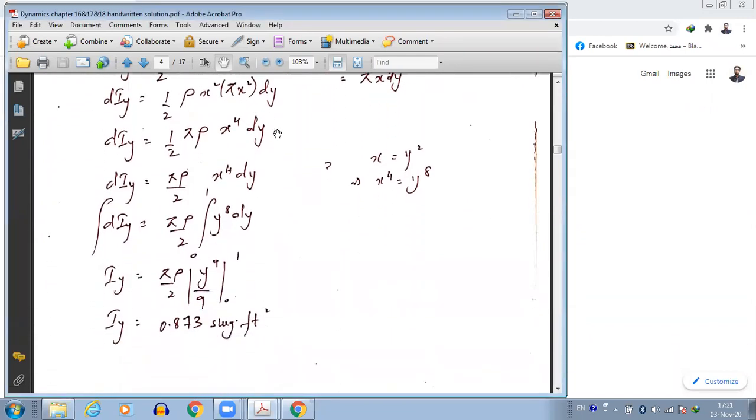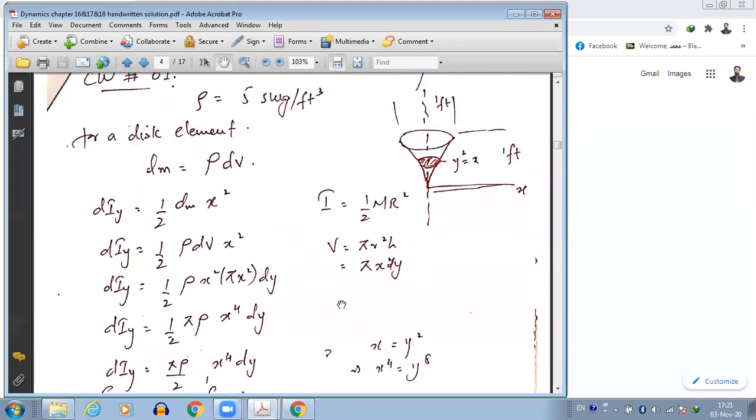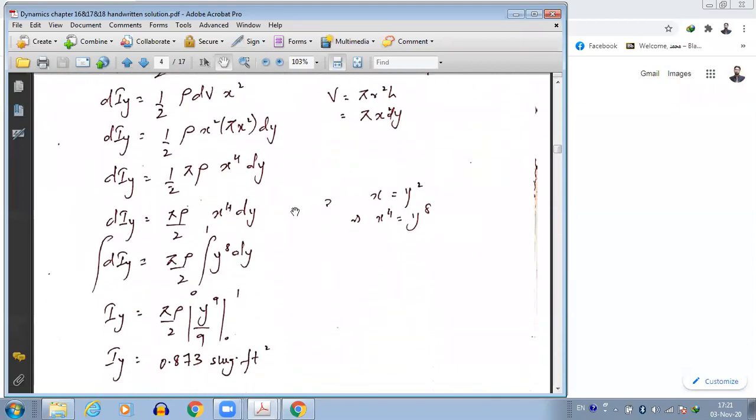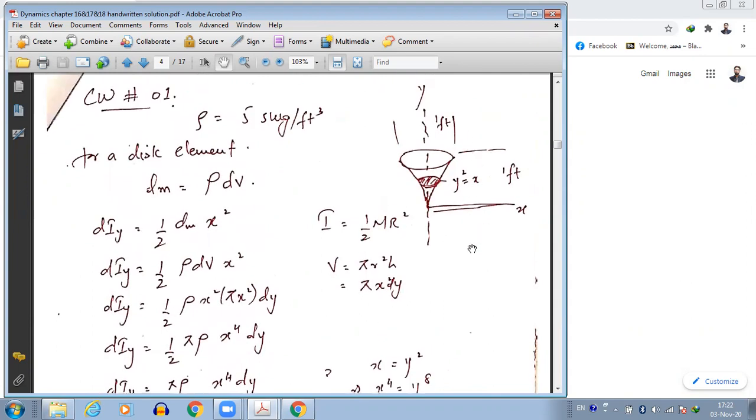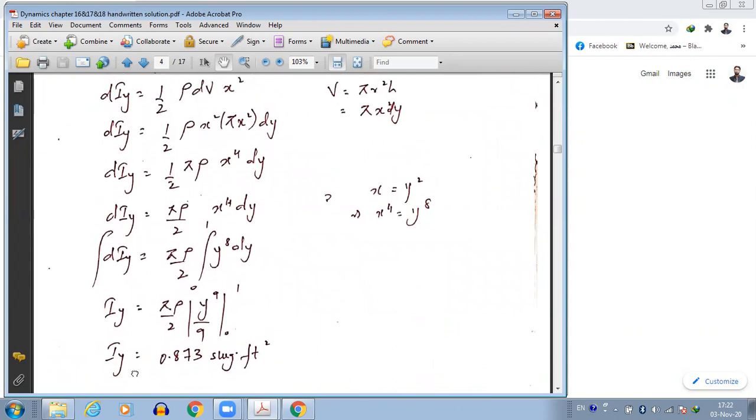So we can move forward and apply integration. If we integrate dIy, it will be pi rho by 2 integral, because now we can substitute x as a function of y. We know x is equal to y square, so it will be y power 8 dy. Then we integrate it, and it will be y power 9 by 9. The density was given, pi is a constant, and y goes from 0 to 1, that's the overall length. We just need to substitute all the values, and you get Iy.